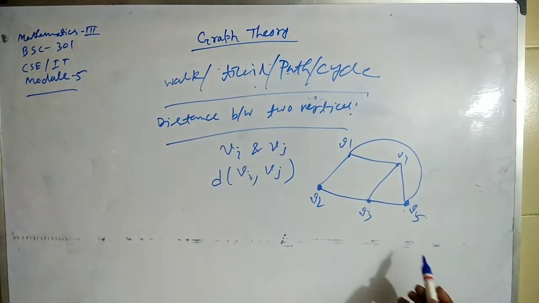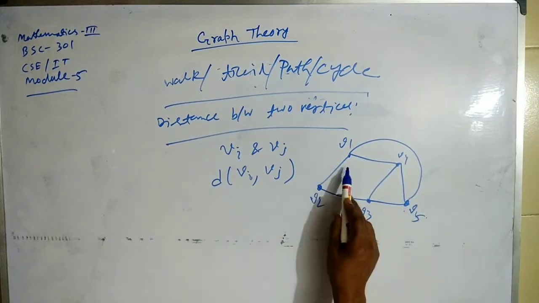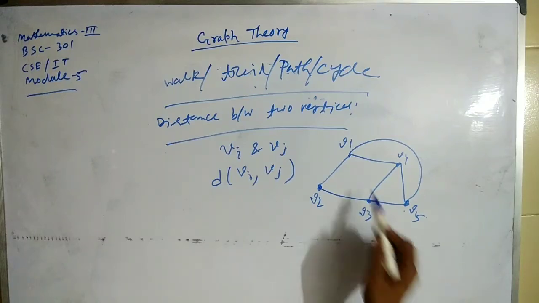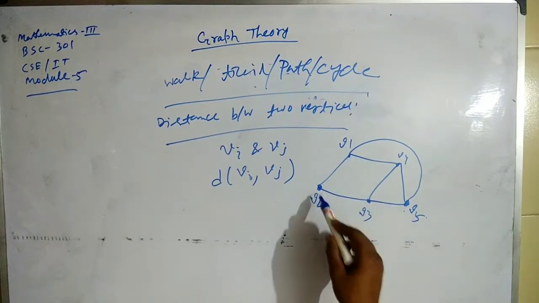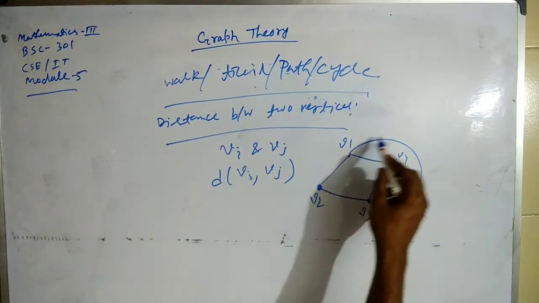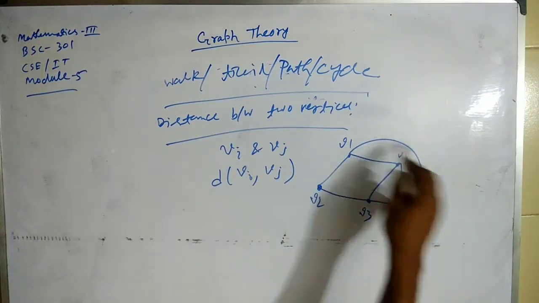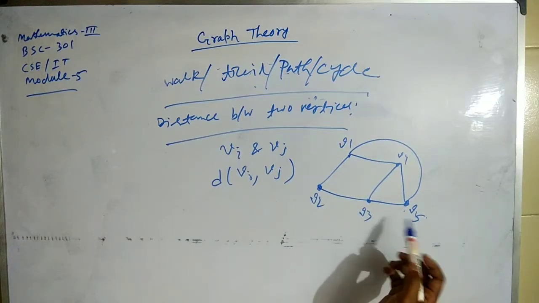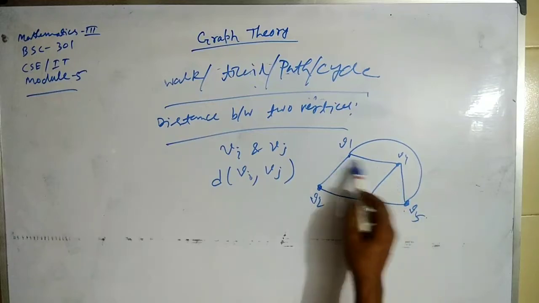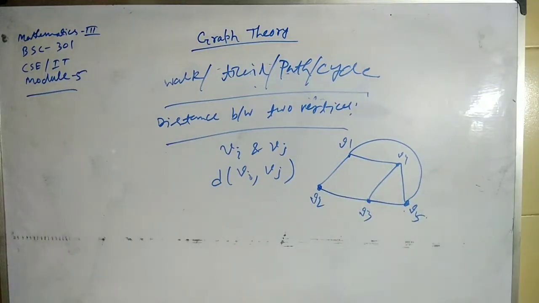Here you can see that if you want to go from V1 to V5, you have many paths. You can go V1, V4, V5, or V1, V2, V3, V5, and you can directly go from V1 to V5 because there is an edge. So you have more than three paths, like V1, V4, V3, V5, and many more.